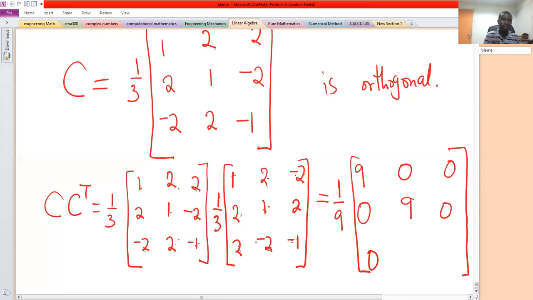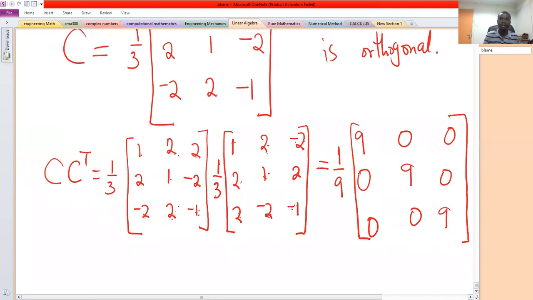So minus 4 plus 2 plus 2 gives you 0. And then lastly, minus 2 times minus 2 is positive 4, plus 2 times 2 is 4, plus minus 1 times minus 1 is positive 1. So 4 plus 4 plus 1 is 9.